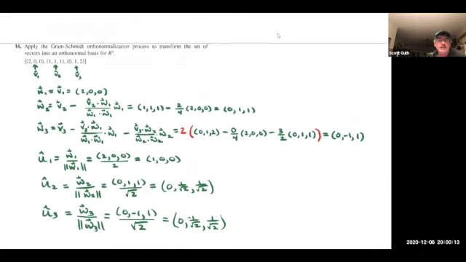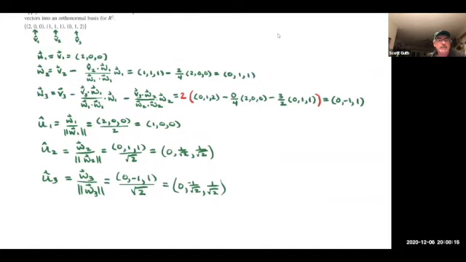When you subtract out the W1 component of V3, that's just the projection of V3 onto W1. So we're just subtracting out projections when we're doing Gram-Schmidt.